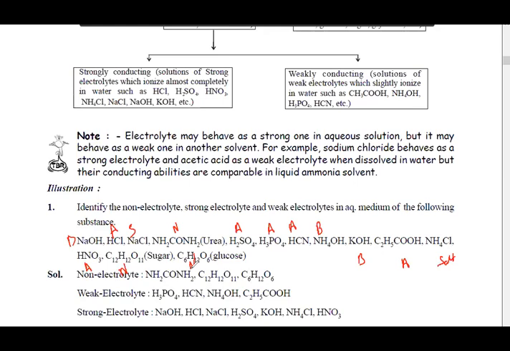Substance having H plus is your acid, and substance which has one cation and one anion, from each acid and base, is your salt. Right, everyone?